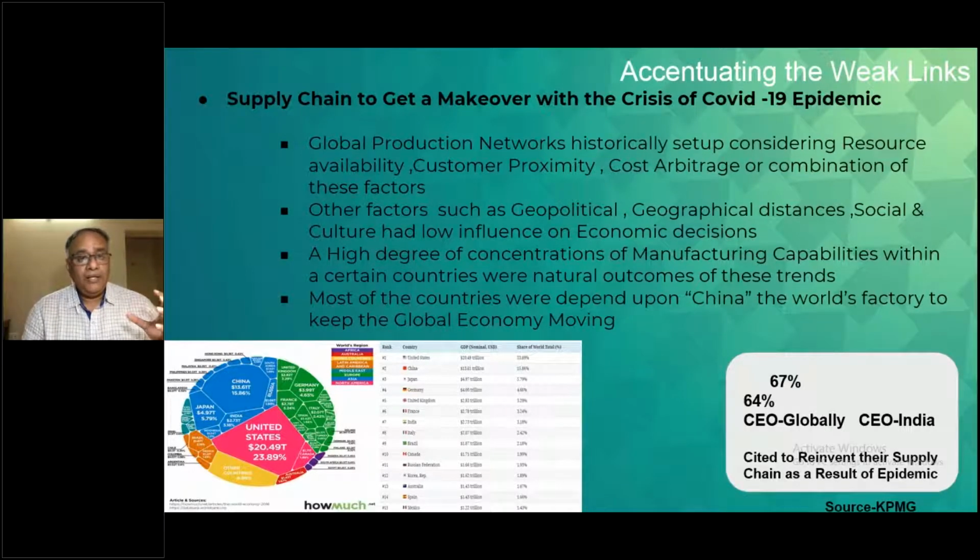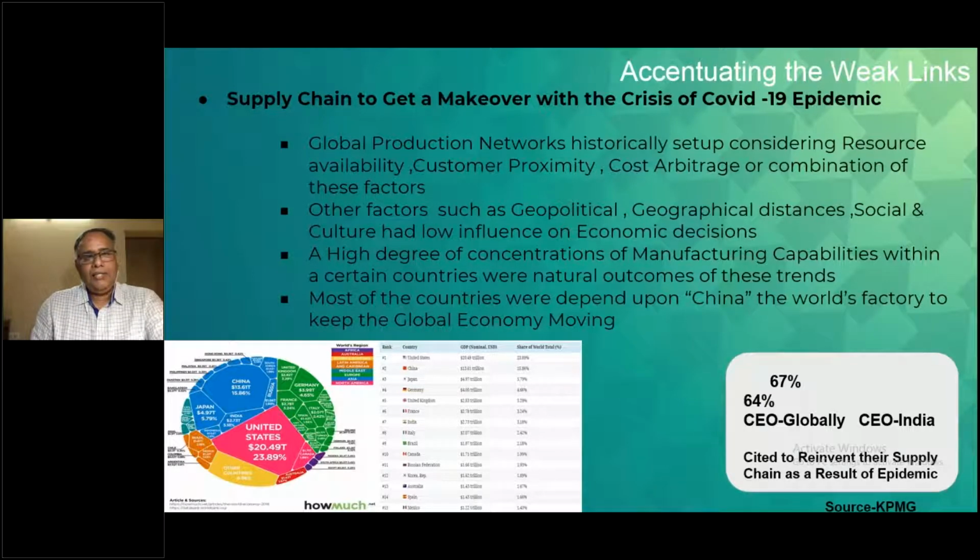That is why the dependency on China, which we used to call the world's factory keeping the global economy moving, is so high, because you can imagine 250 billion of exports from China itself. China is the second-largest economy after the USA, and see how big they are and how they are playing it.